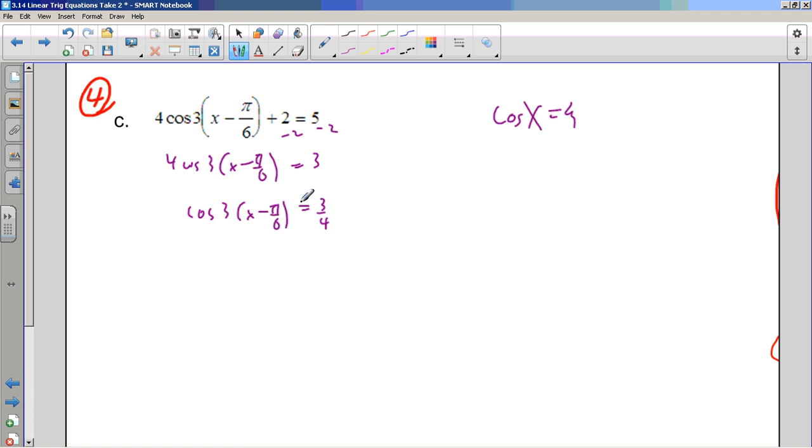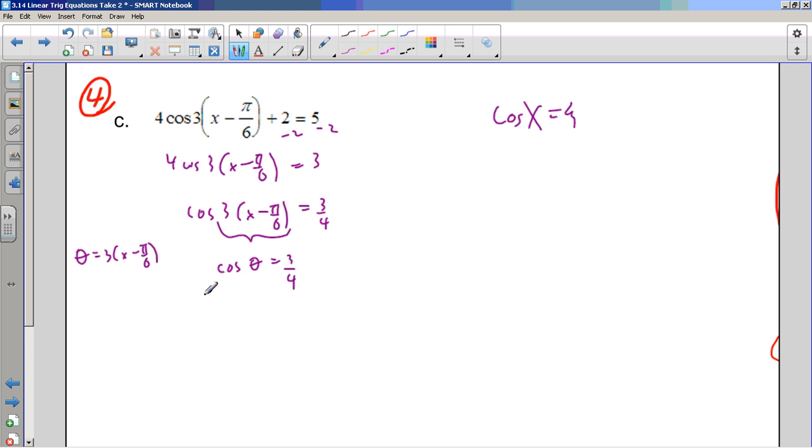And in fact, again, because I'm kind of afraid of this, and this 3 seems a little bit weird, I'm going to get rid of the whole darn thing. I'm going to let theta equal 3 times x minus pi over 6, and then I'm going to solve this simpler problem.